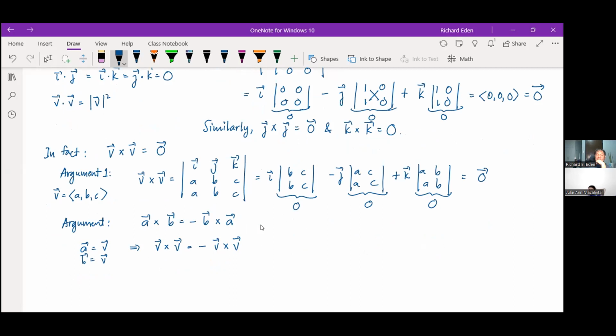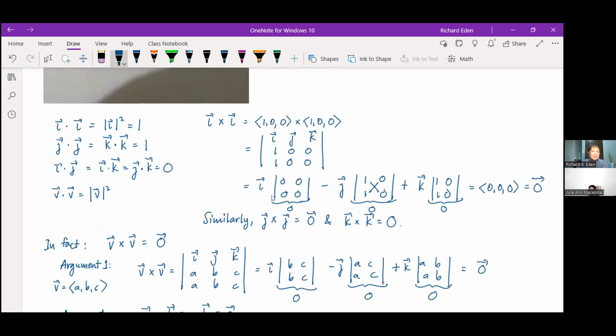And then if you move everything to the other side, so we then end up with twice V cross V is equal to, so dito sa right side, it's not just going to be the 0 vector. So that means V cross V, if you double each of the components of V cross V, the resulting components are going to be 0. So that means, hey, even before you multiply it by 2, then all the components must have already been 0. So V cross V is the 0 vector. So vector with itself, the cross product is going to be 0.